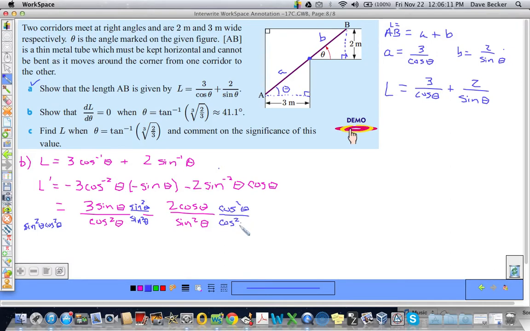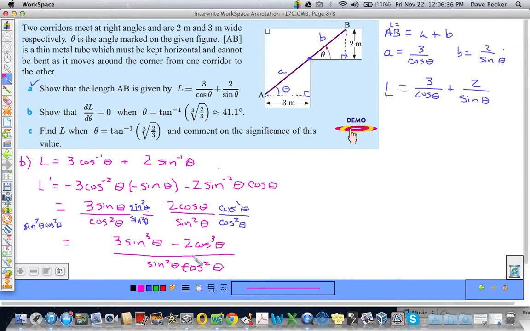both numerator and denominator. And in doing that, I get 3 sine cubed theta minus 2 cosine cubed theta all over sine squared theta cosine squared theta. Oh, not plus, it's cosine squared theta.